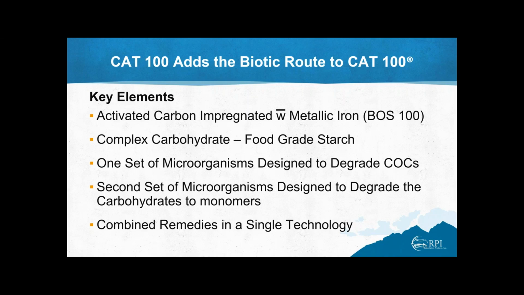The key elements of CAT 100 is you have activated carbon impregnated with metallic iron. That's the BOS 100 base we've talked about. We add to that complex carbohydrates, a food grade starch, a set of microorganisms designed to degrade your COC, say it's TCE, PCE, and a second set of microorganisms that are designed to degrade the carbohydrate, the starch, to monomers.